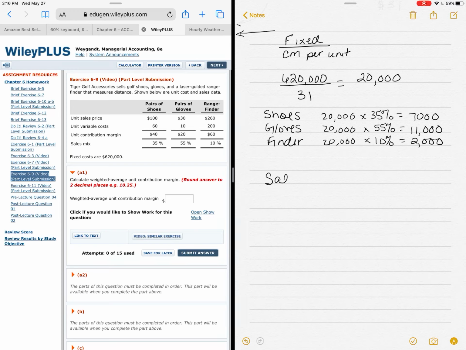We start with our sales, and we're going to look at each product. We have those shoes, gloves, and that finder. Based on our break-even point, for shoes we have to sell 7,000, 11,000 for gloves, and 2,000 for the finder.